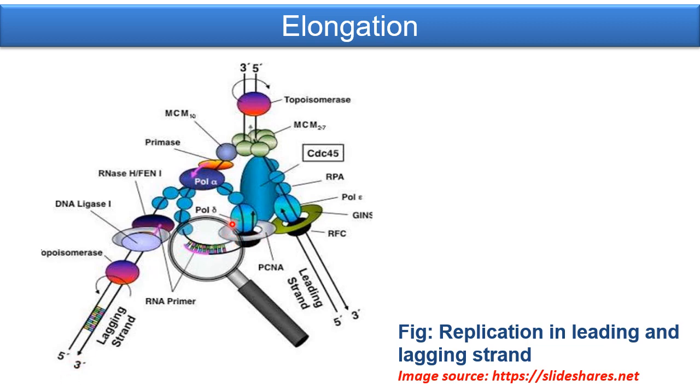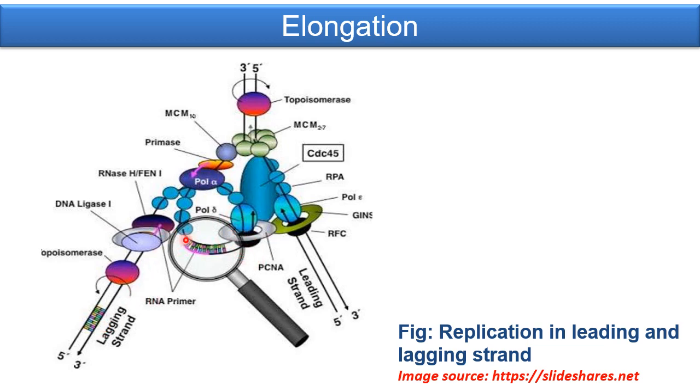So here lies the fact that DNA polymerase delta folds back the template strand that goes from 5 to 3 prime direction. It forms a loop-like structure, so that its direction will become 3 to 5 prime direction, and now the DNA polymerase can add bases from 5 to 3 prime direction.